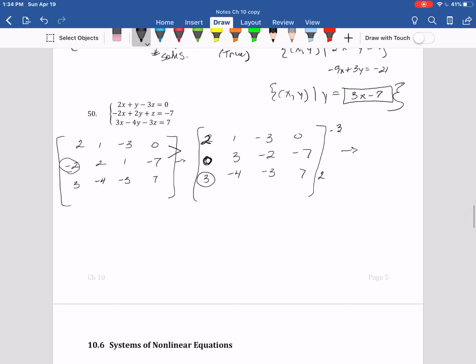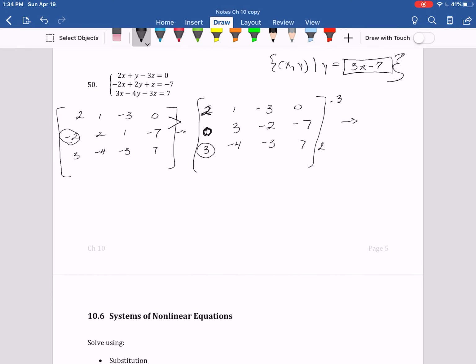So the top row, I'm going to multiply everything by -3. The second row will not change. The bottom row, I'm going to multiply everything by a +2. Okay. The next thing you want to do is add the top row and the bottom row.